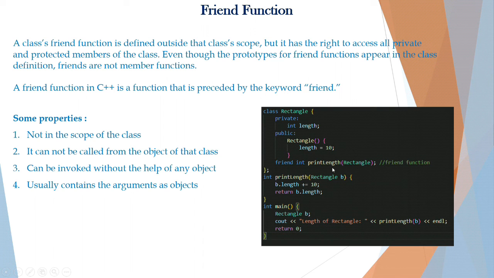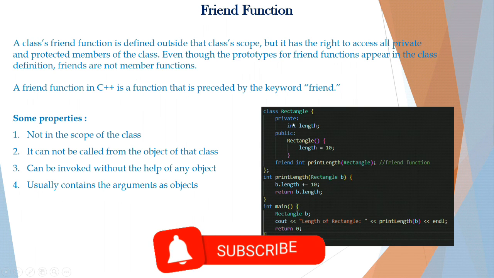Some properties of friend functions are also written here, and the most important property is this one: we generally pass an object as an argument of a friend function, and you can see it here. For accessing the length of object B, this function must be a friend of the rectangle class.